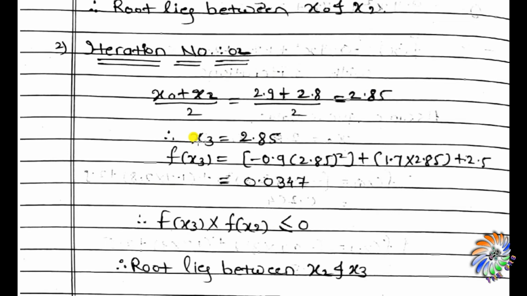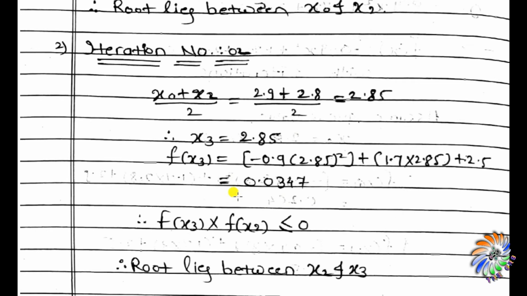Now again the same procedure we are going to follow. For f of x3, put the value of x3 in the equation minus 0.9 x square plus 1.7 x plus 2.5. Here we will get the value of f of x3. Is it clear? Now the value of f of x3 is positive.